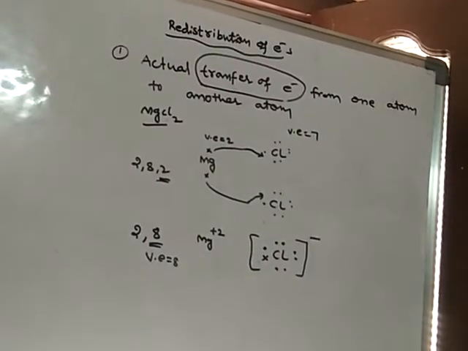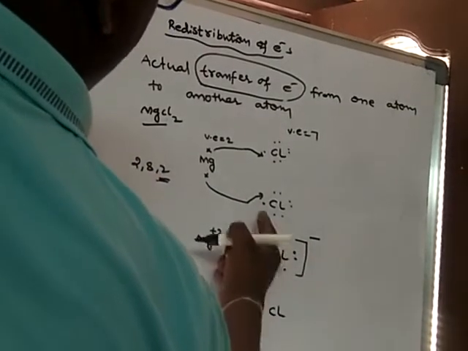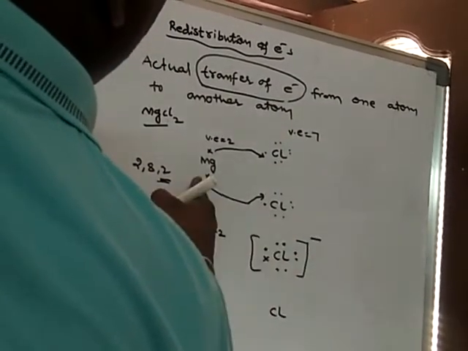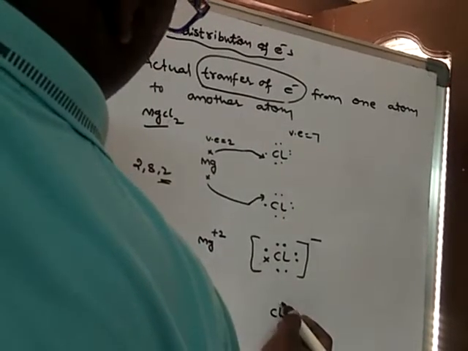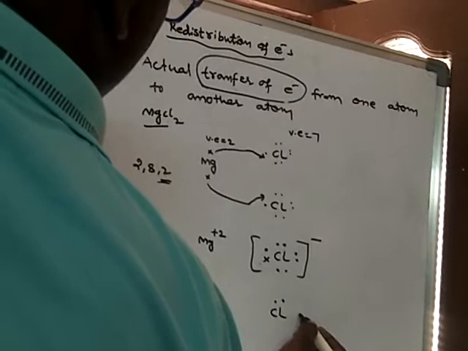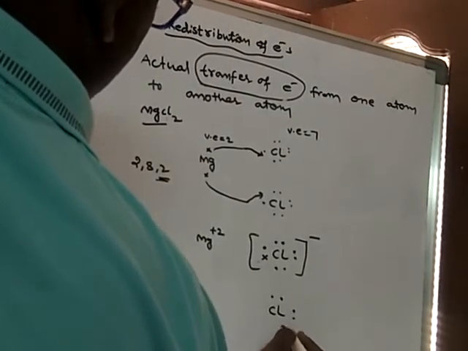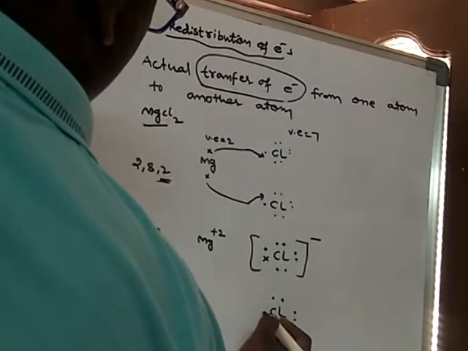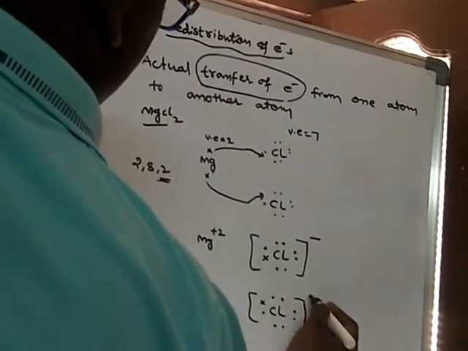Even this chlorine also already has 7 electrons, and now this electron is completely transferred from magnesium to chlorine. So this chlorine also has turned into a chloride ion. It should also be written like this.